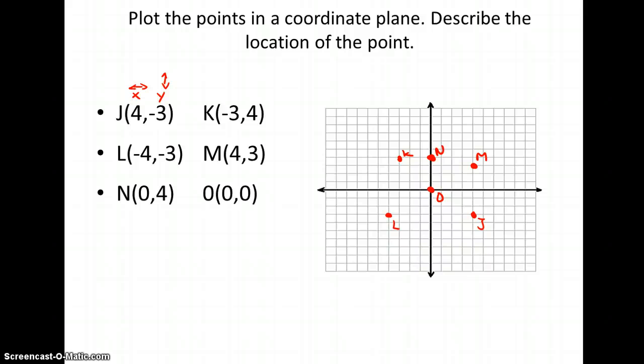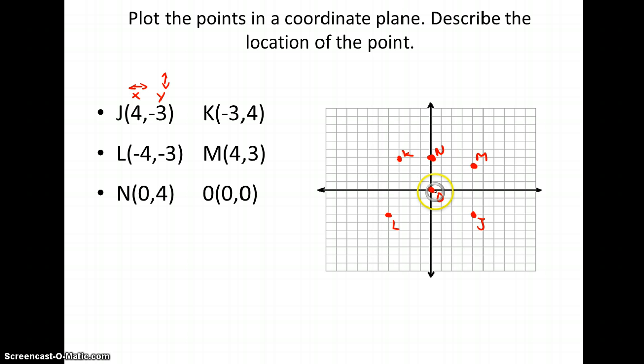If you've done yours correctly, your graph should look like my graph. Notice for point N, because x was 0, I didn't move left or right. Instead, I simply moved up 4 units. For the point O, we stayed at 0, 0 and put our point.